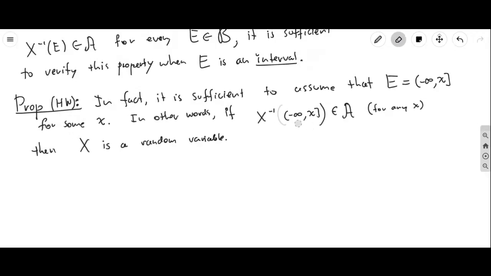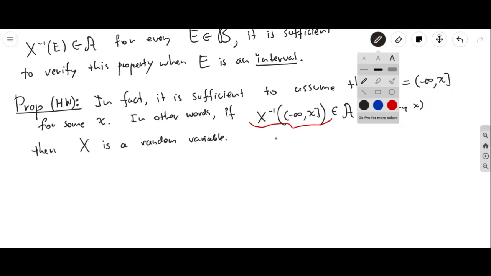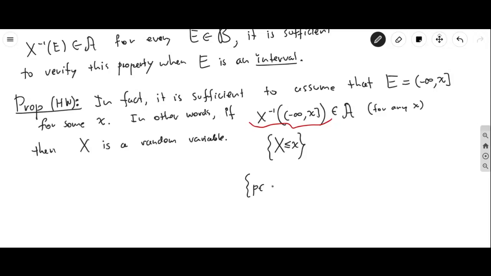And this is just another way of saying, you can rewrite this. This is just the event that x is less than or equal to little x. It's the set of points that satisfies this. I mean, this is the set of points in the sample space where x at the point is less than or equal to x.